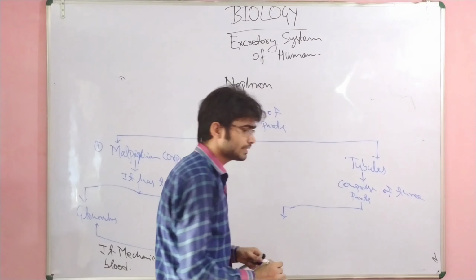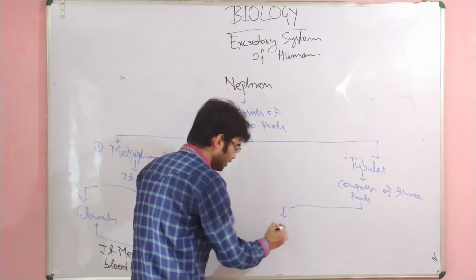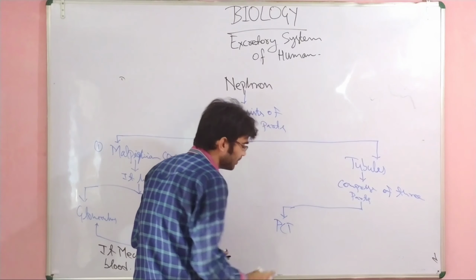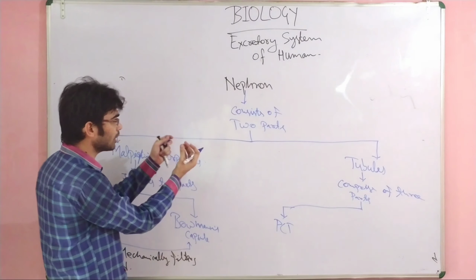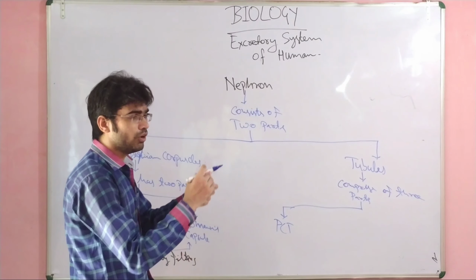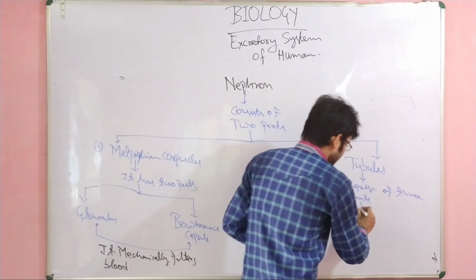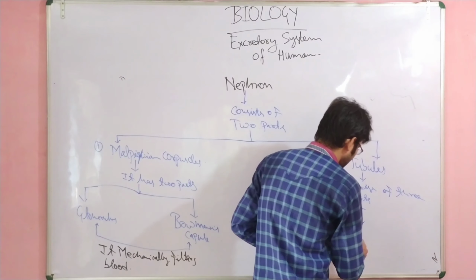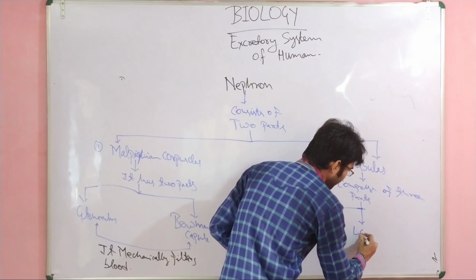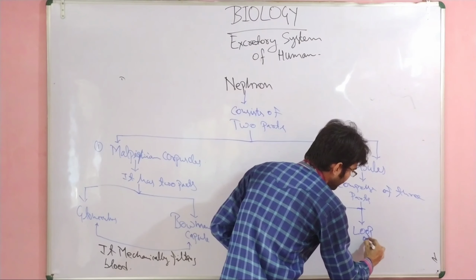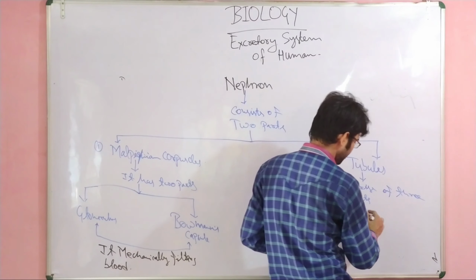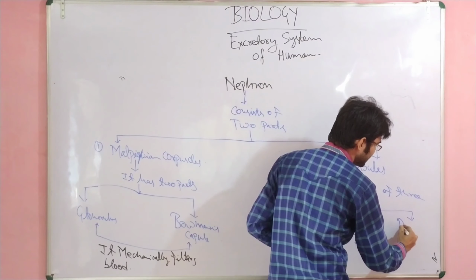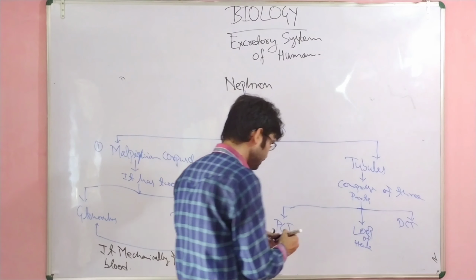The first one is PCT. Everybody knows the full form of PCT. It is the proximal convoluted tubule lying close to the Bowman capsule. Convolution is there. The second one is the loop of Henle, or Henle's loop. And the third one is DCT.